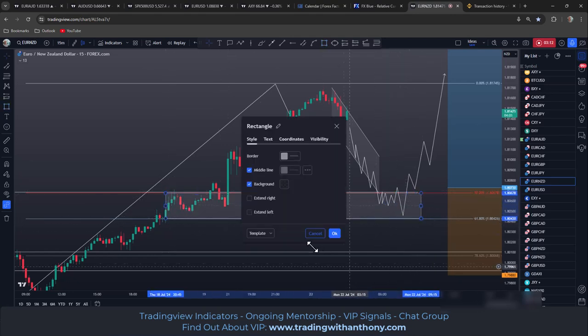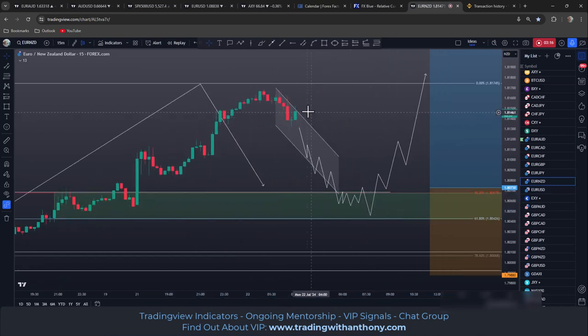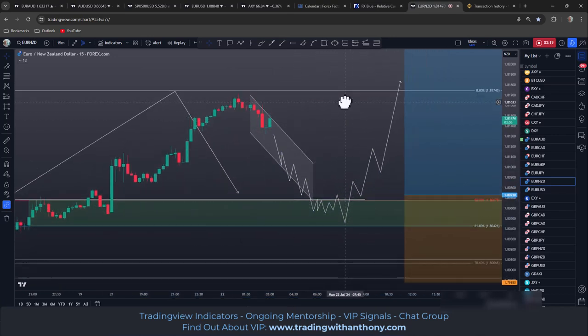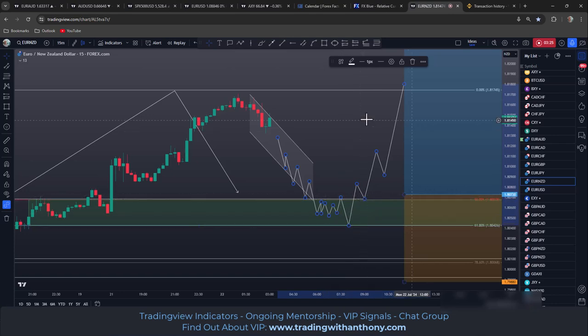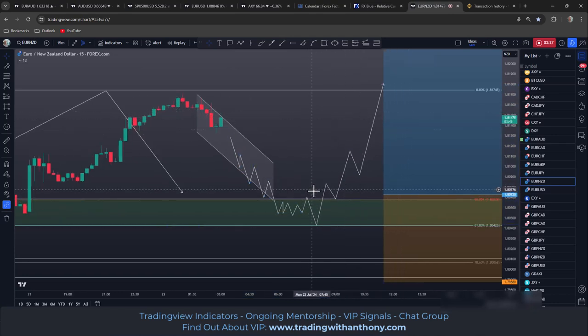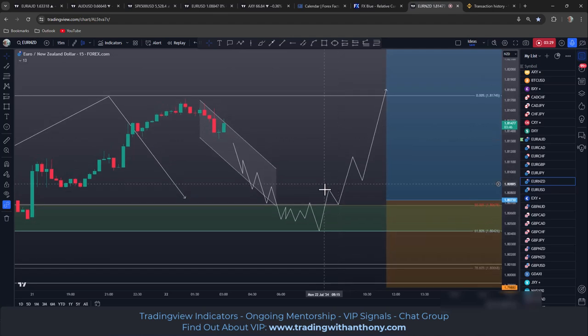Let me just mark that up. Support zone. Yeah, I'd like to see it trade down into this green zone, and then possibly it wiggles around in there somehow, and then we get the move. And then, look for a break of market structure bullish, higher highs, higher lows, and that's the cue to enter.